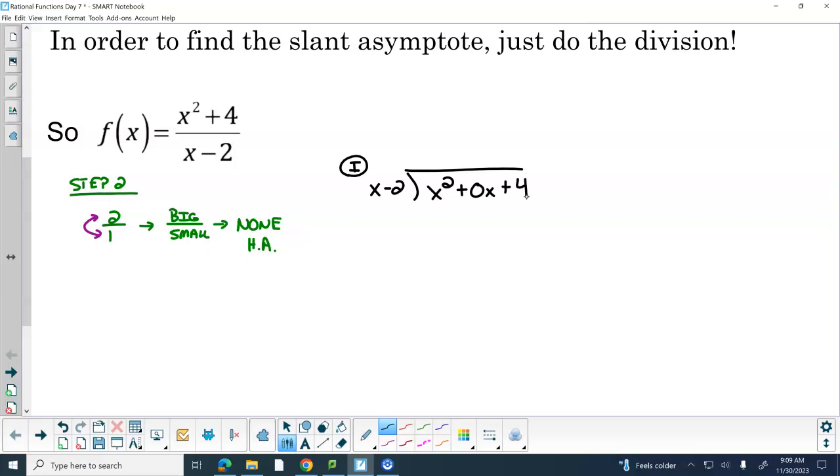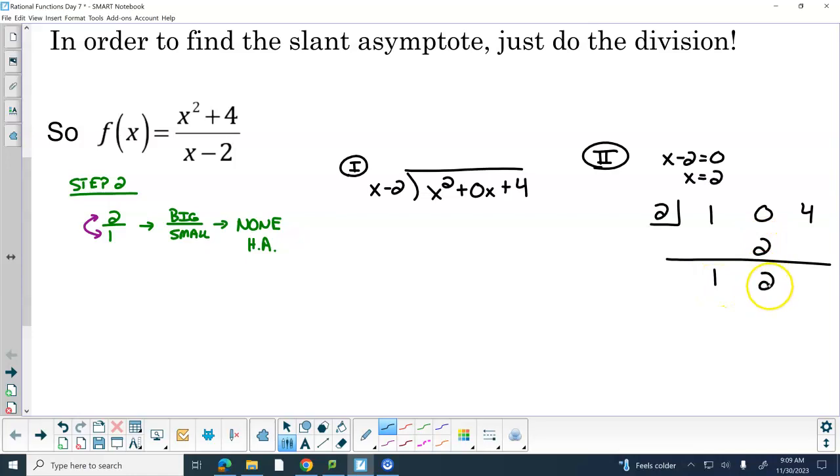Our other option that we're probably going to go with is we can do our synthetic division, where we can say x minus 2 equals 0, so x equals 2. So I'm going to synthetically divide 2 into 0, 1, and 4. Drop it like it's hot. Multiply, add, multiply, add.